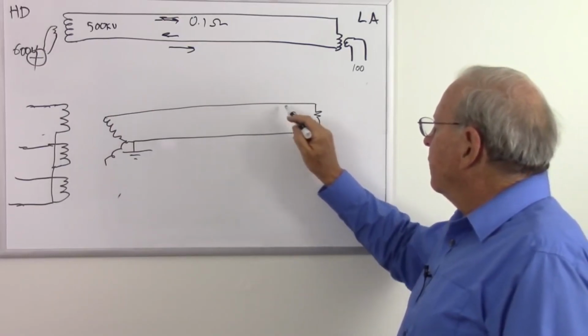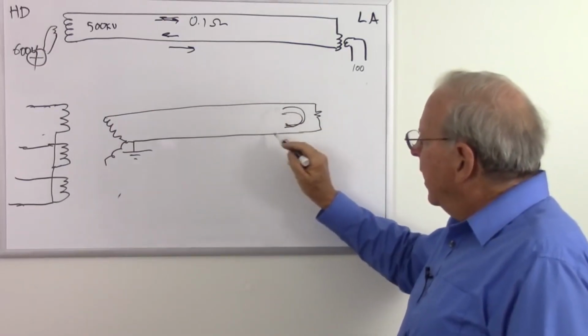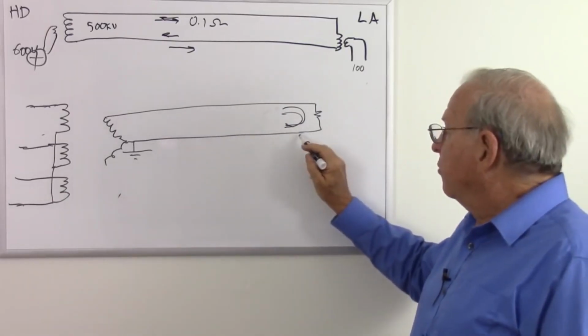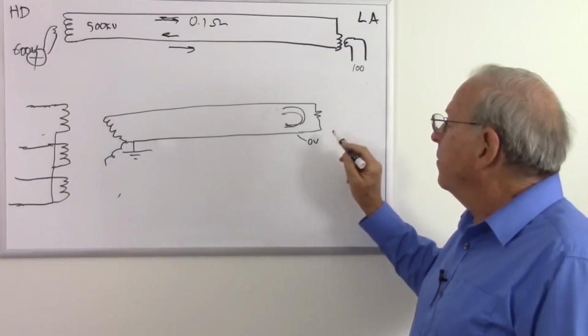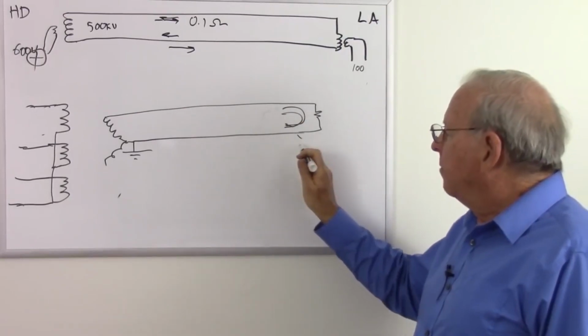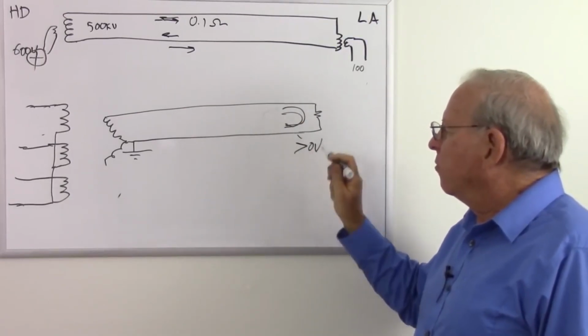Here's our load, so we have current going this way and that way, and it's fairly short and it should not have very much voltage on it. This should be 0 volts. However, if we are carrying a significant amount of current, this is going to become something greater than 0 volts.